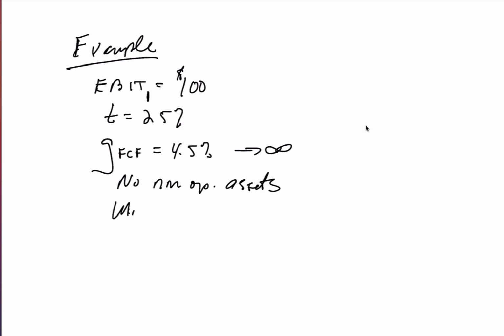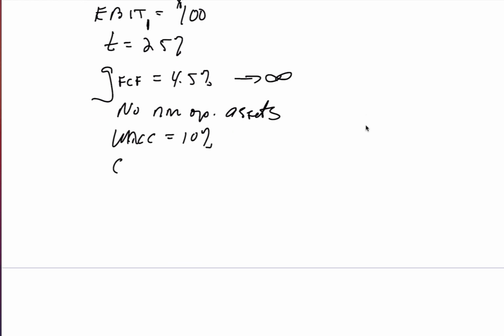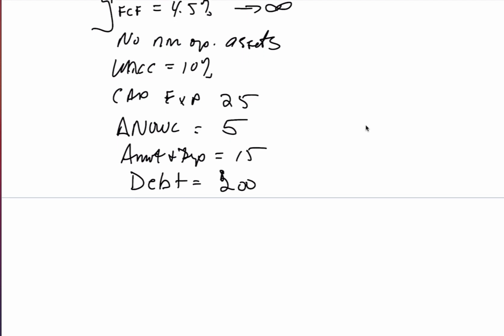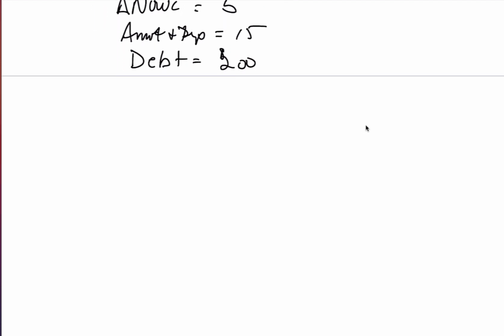The weighted average cost of capital is 10%. CapEx will be $25. The change in net operating working capital will be $5. Amortization and depreciation will be $15, and debt will be $200. And now we have enough information to solve this problem.